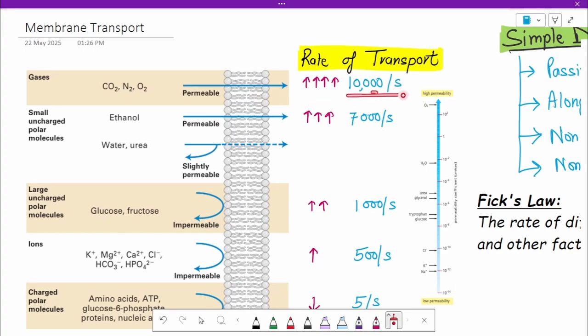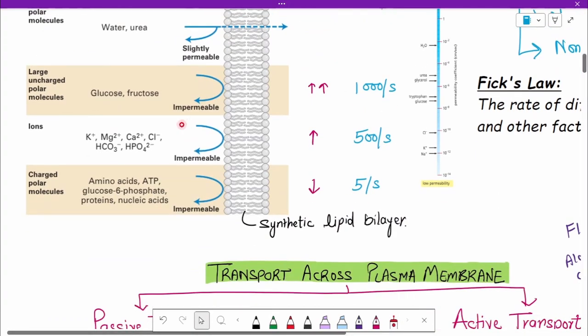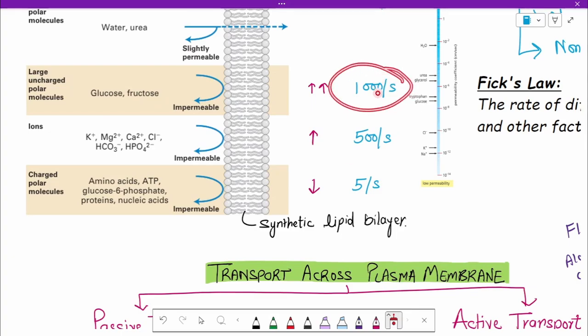So, we take this as a standard for permeability. But when it comes to large molecules like glucose, fructose, this number goes way below 1000 molecules per second. With such a small number, we can say that this membrane is relatively impermeable to glucose and fructose.